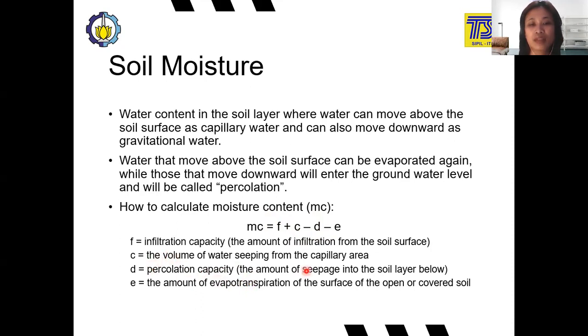This is the amount of water going into the soil layer below the groundwater level, and the amount of evapotranspiration at the surface. So it is the water coming into the soil minus the water going out of the soil, which is first through the groundwater level, and second through evaporation or evapotranspiration if the soil is planted.